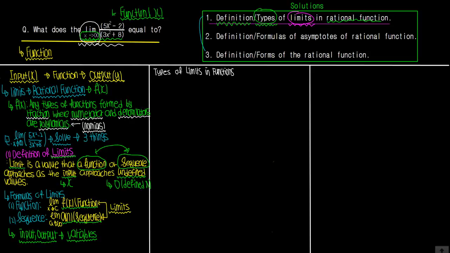This time we're going to talk about the types of limits in our functions. That function will be a rational function formed by specific polynomials in fraction form. The limit values in our function will be different, depending on the values of the x value approaching.